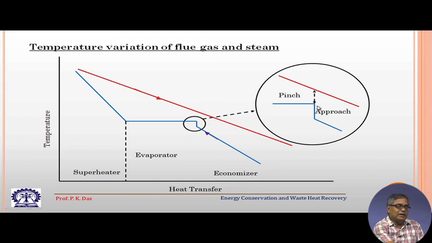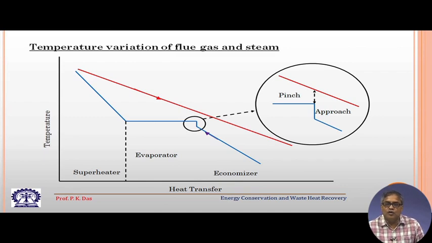Generally, the approach could be of the order of 8 to 10 degrees, and the pinch could be of the order of, starting from 10 degrees, 15 to 20 degrees Celsius. So, that is the value of approach and pinch. There could be some variation, but I have given some notional, nominal values.